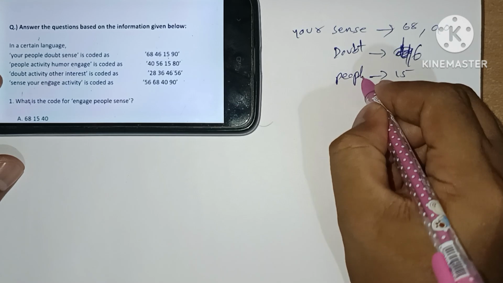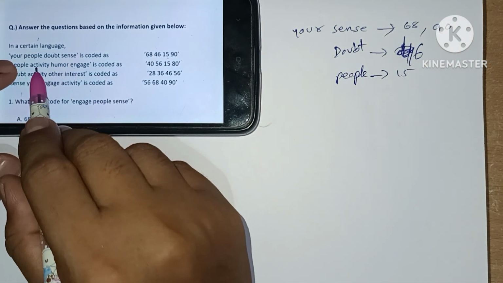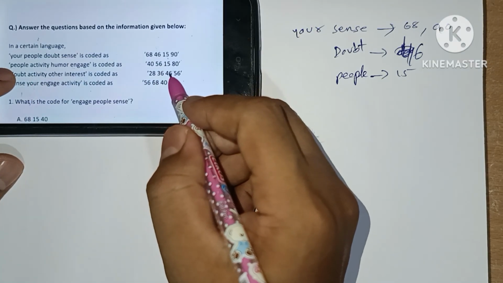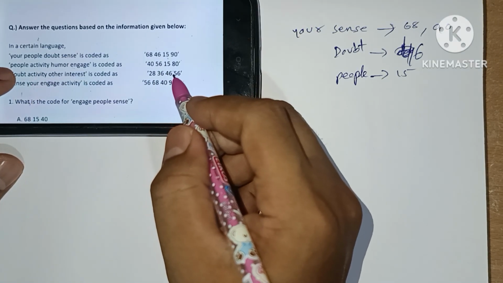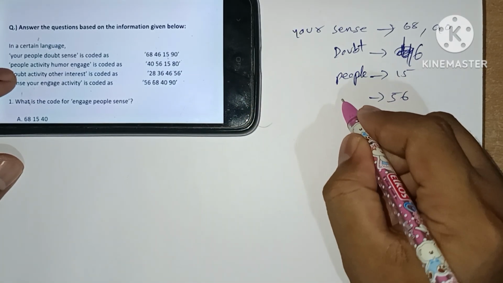So 15 is "people". Now "activity" and "activity" is here, so the common code for these two is 56. So 56 is "activity".